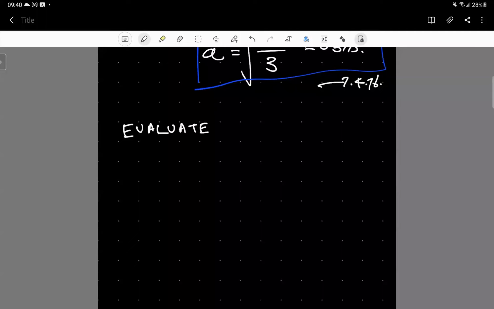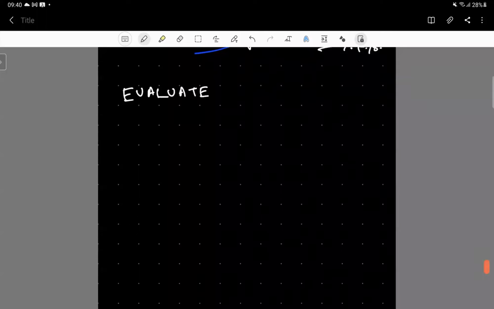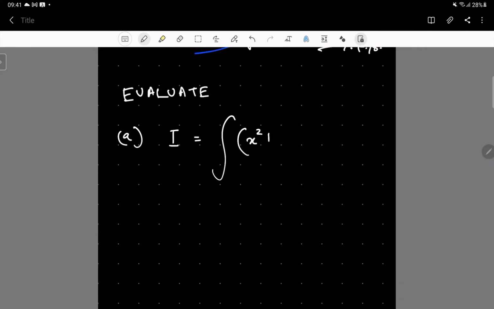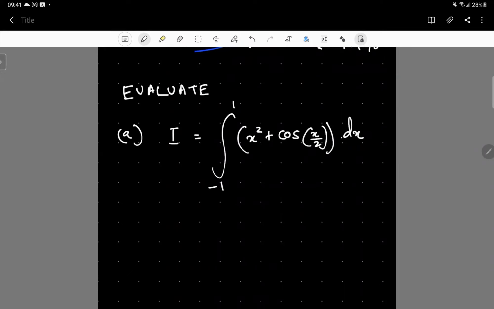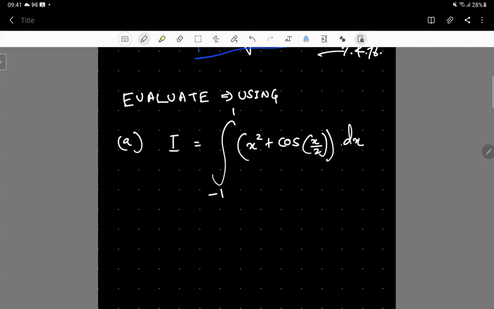I have given already the values. The first integral that we are interested in evaluating is x squared plus cos x divided by 2 dx, and we are interested in calculating the integral from -1 to +1. So use 3-point Gaussian quadrature.